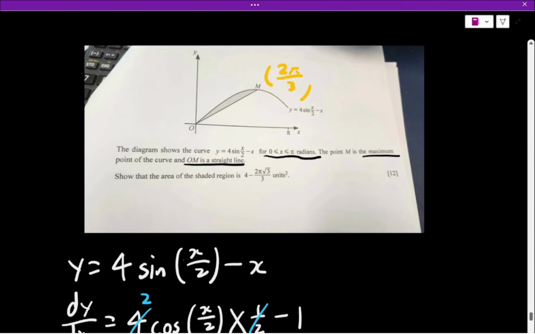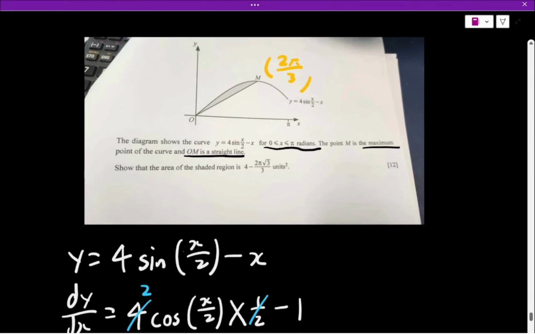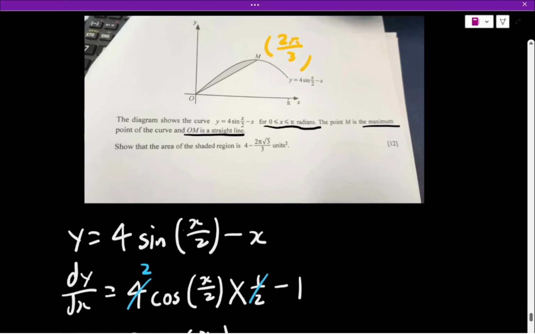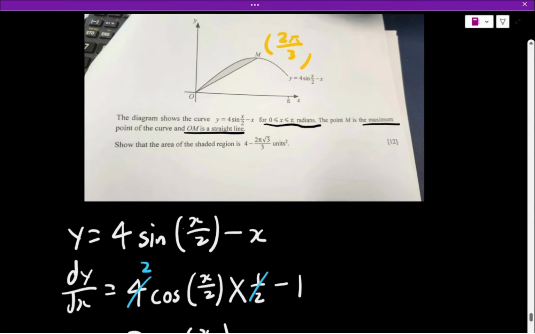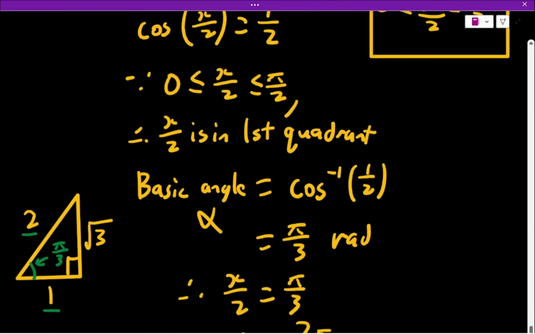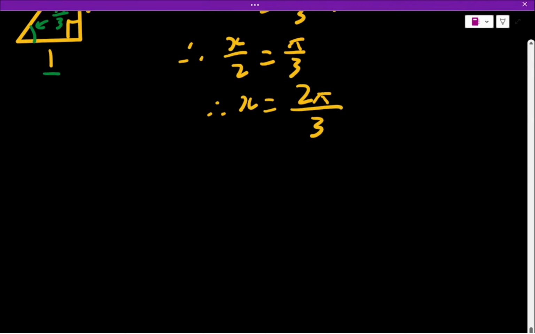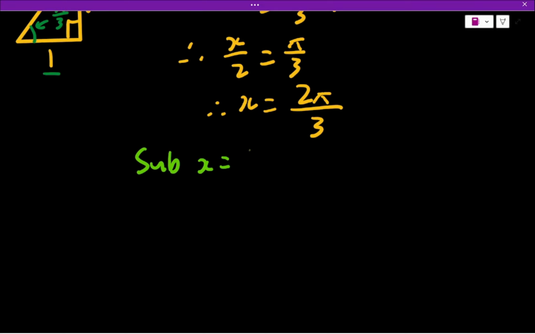So let's go ahead and find out what this y coordinate is. Actually, do you need to? Yes, you need to. Alright, so let's sub in x equals 2 pi over 3 into the equation.